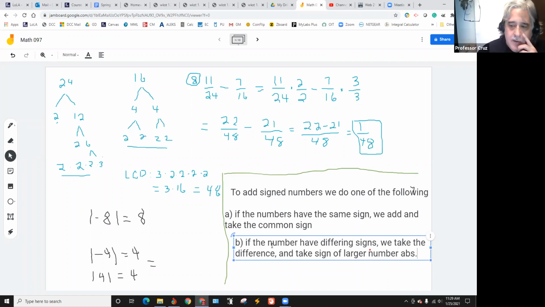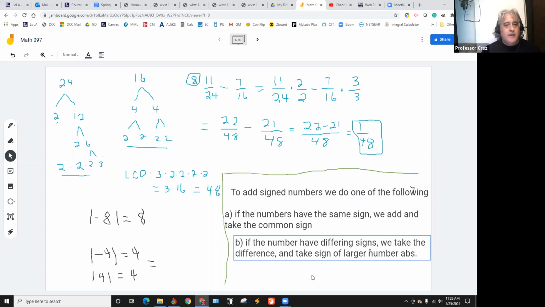all right. So if the numbers have different signs, then we take the difference and take the sign of the larger number, and I put ABS for absolute value because technically it's not the larger number, it's the one with the larger absolute value. So if it was negative 20 and 10, then they're both different signs.